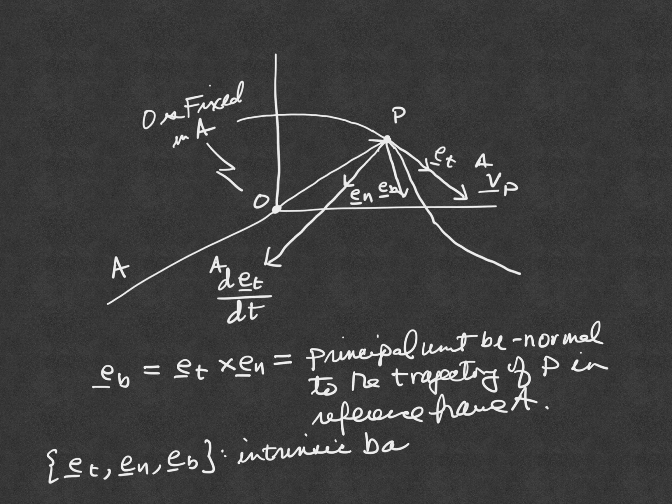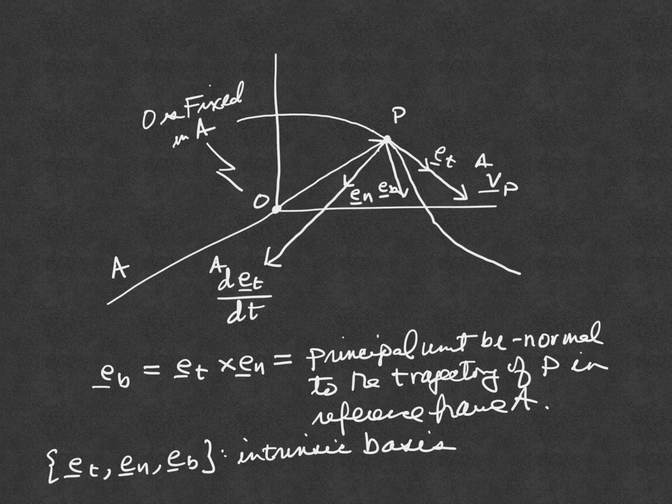Now, you'll notice, as I said at the beginning of this lecture, an intrinsic basis is internal to the motion. So you can see that this basis is internal to the motion because I'm following this particle, and as I'm following it, there's a direction along which the particle is moving.